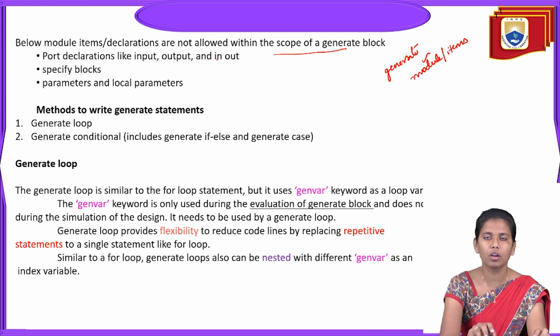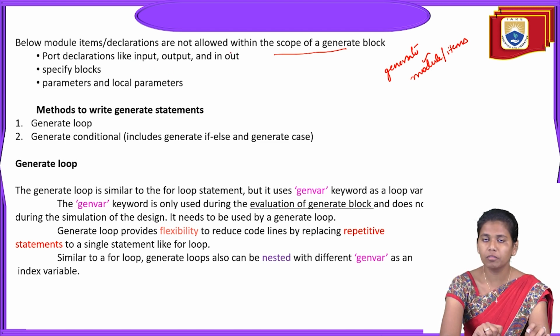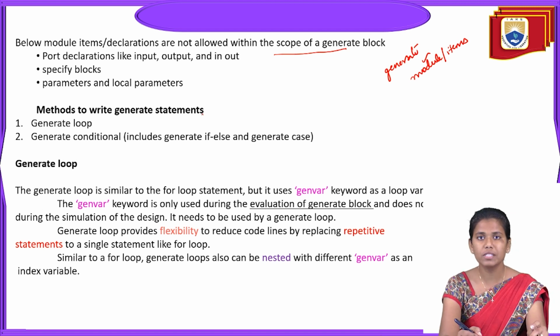In the generate block, you cannot declare input, output and inout declarations. Also, within the generate block, you cannot specify the specify block, and also the parameters and the local parameters. The general parameters as well as the local parameters cannot be declared when you are writing the code in terms of the generate block, right?